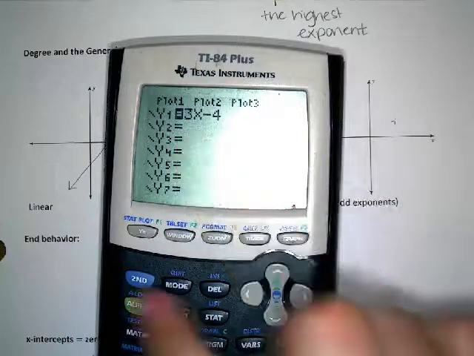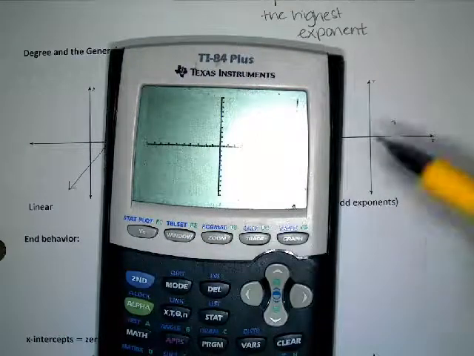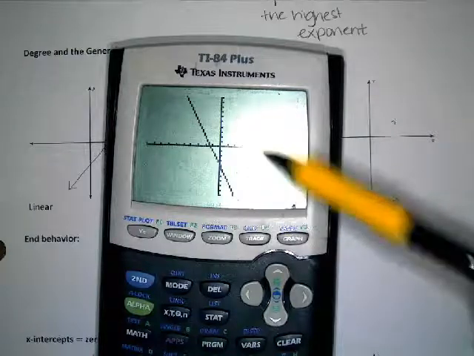A negative coefficient is going to have the slant going the other way because you have a negative slope in the front.